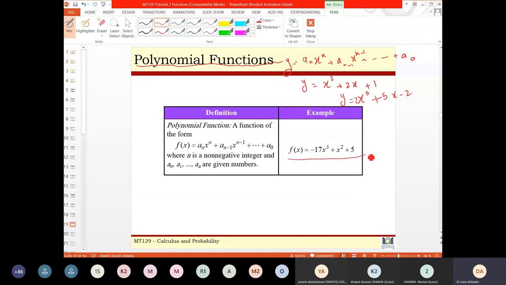I have f of x equal to minus 17x cubed plus x plus 5. All of those are examples of what we call polynomials here. Clear? Okay, good.